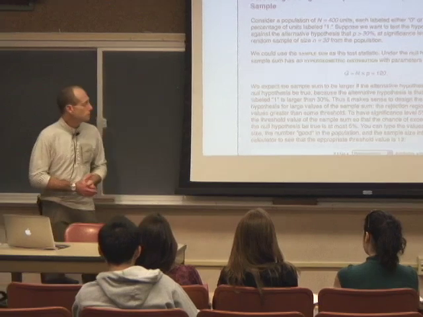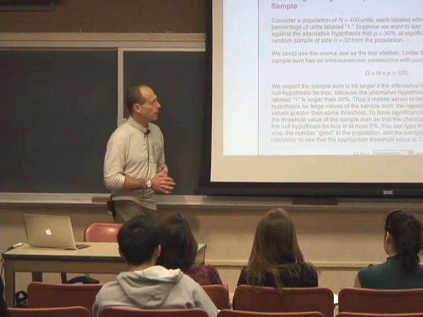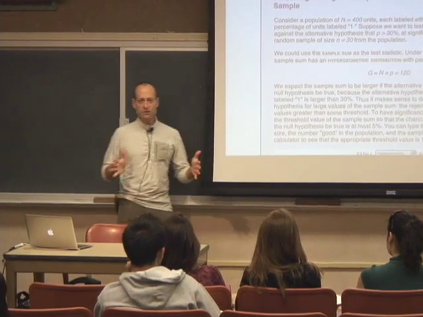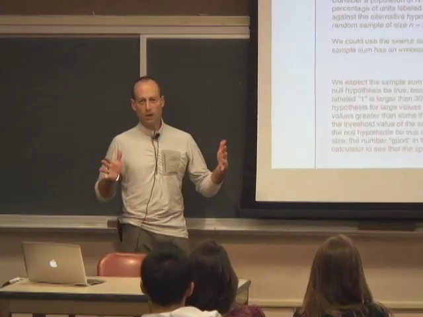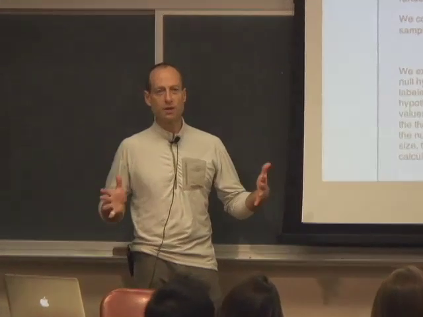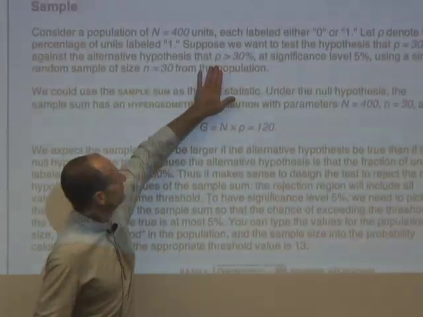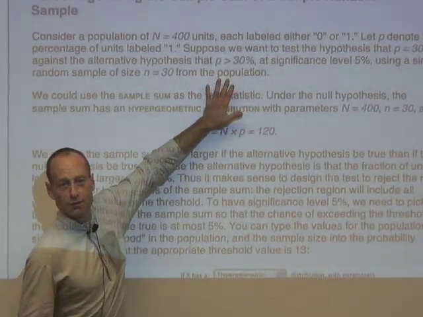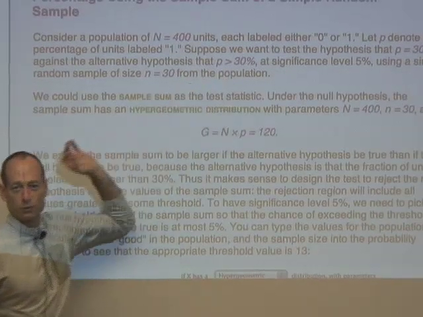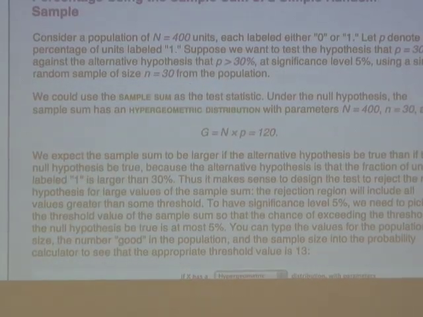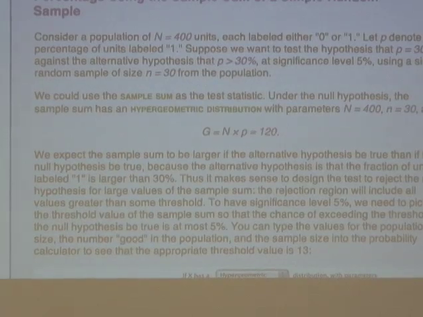Okay, so I want a test that will have power against the alternative I care about. And here, the alternative I care about is that P is bigger than 30%. That's just going into the problem. That's what you're being told is of interest, that the alternative is that P is bigger than 30%.